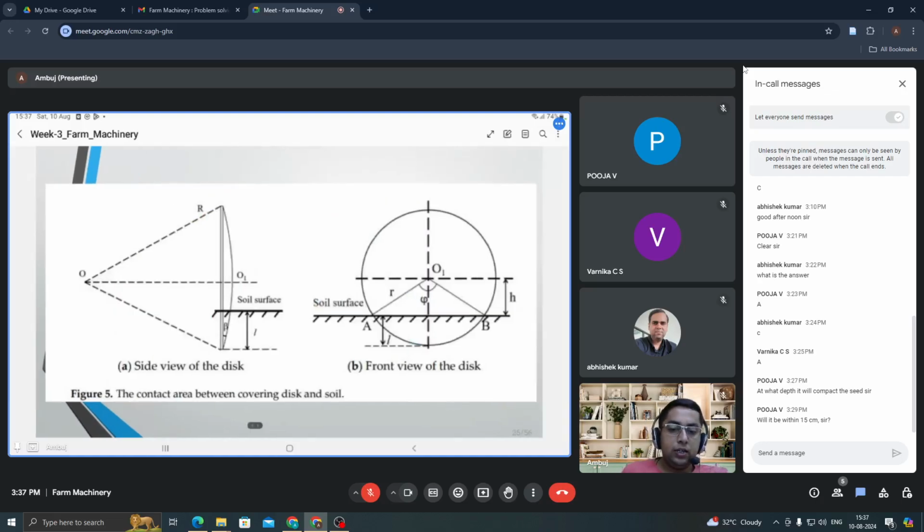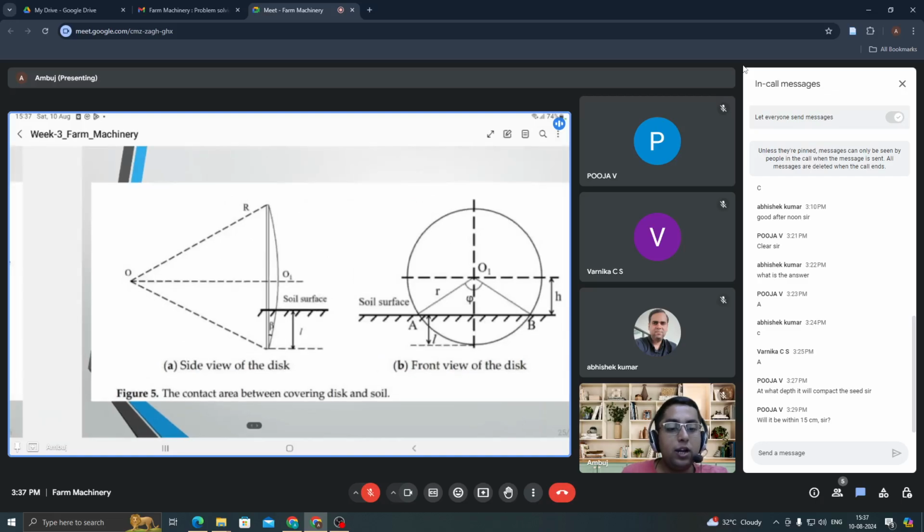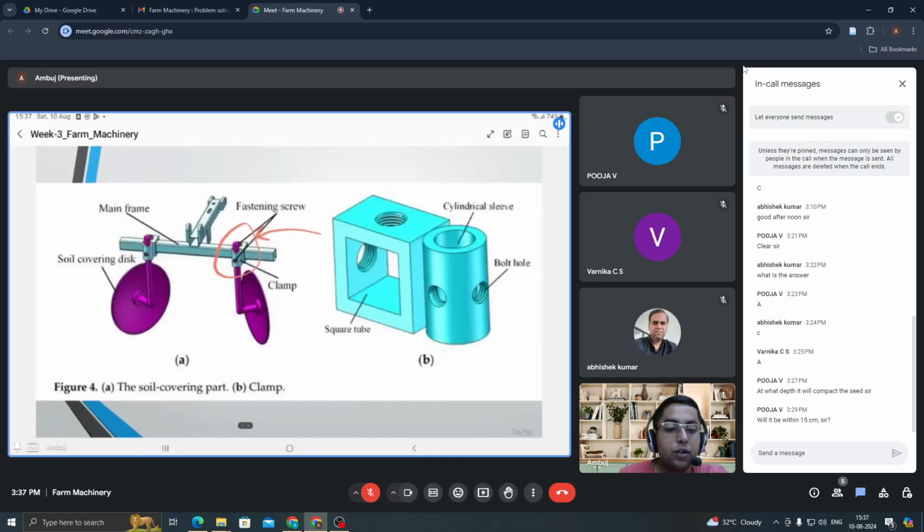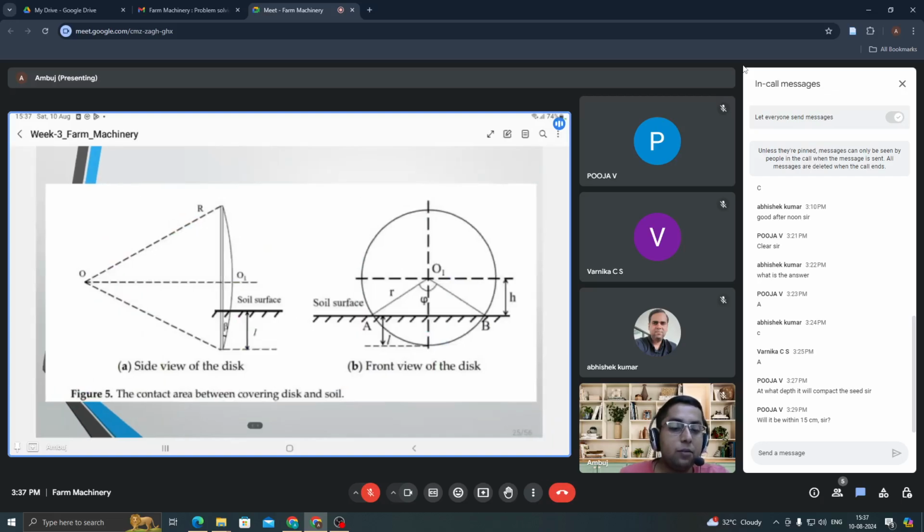This is how modeling of the soil covering part and clamping is done. Another thing is the contact area between disc and soil, which we also have to model. We have to think in the direction of which force is acting, what is the movement, what is the net movement, what is the net torque.